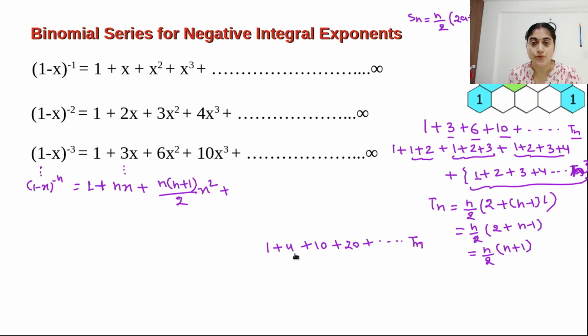For the x cube coefficient, it is 1, 4, then 10, then 20. So what will the nth term look like? If I expand this thing, how does it look?